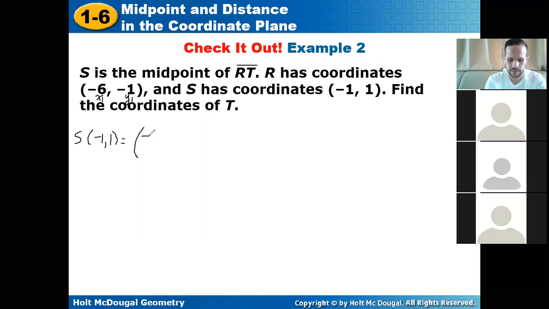So it's gonna be 6, okay? 6 plus x, because we don't know that value, and that's gonna be divided by 2. This is the same kind of example, okay? And in the other part, we got that is -1, and we don't know the other y value, okay? So we just put plus y, okay? And that's gonna be divided by 2, okay?